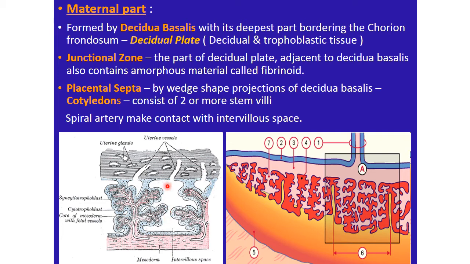So now the intervillous space contains the maternal blood, and that maternal blood is in direct contact with the free villi, and the villi are the fetal structure. So the maternal blood is in direct contact with the fetal structures.